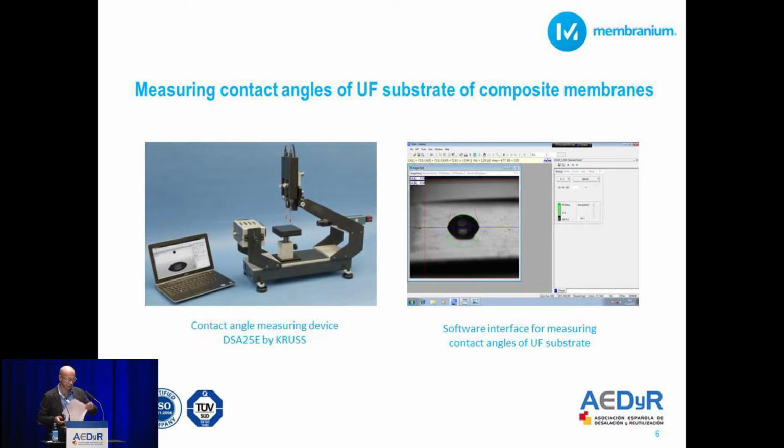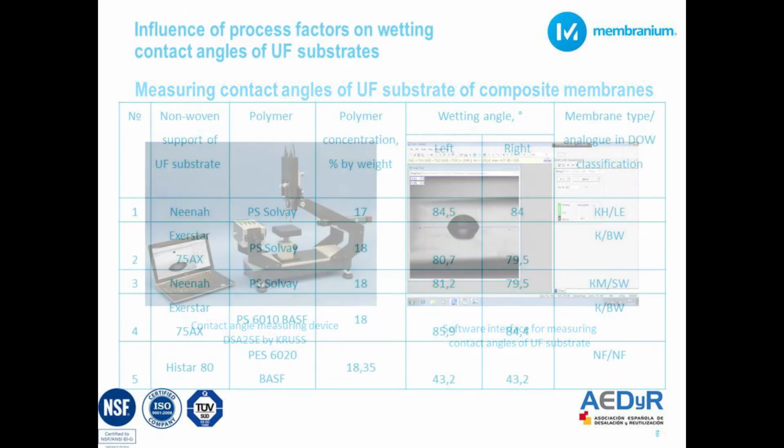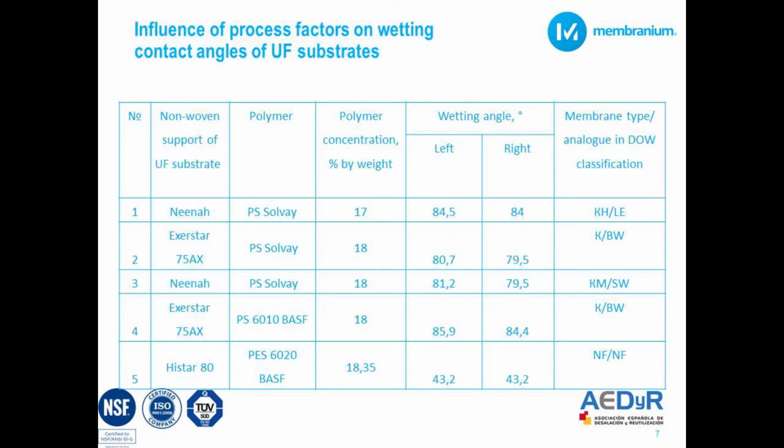And what is very interesting, next slide, the data that you can see here is, in reality, very interesting. Based on the obtained data, we can make a conclusion about the different factors influencing the ultrafiltration support contact angle. We use, in reality, different supports for the production of different kinds of composite membrane.